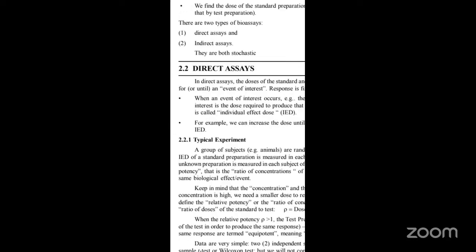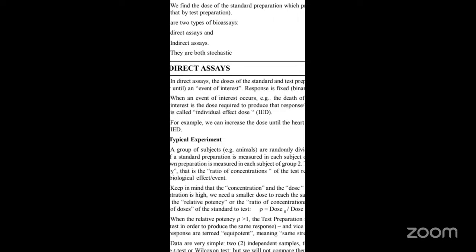Whenever we give the dose, immediately the response occurs. If it is positive, no problem, we can say it is okay. If any problems or symptoms arise, then we say the dose has not worked. So the value is called individual effect of dose, that is called IED.